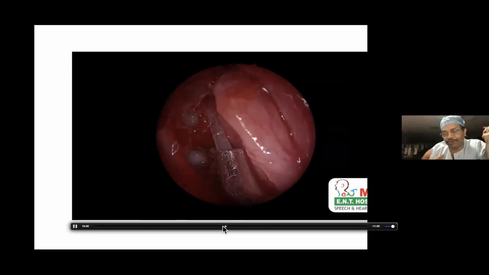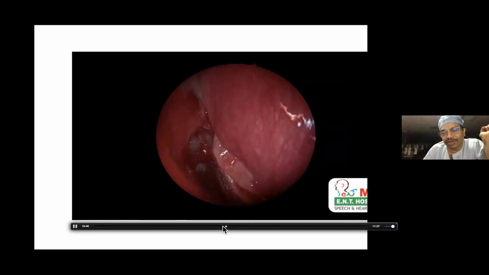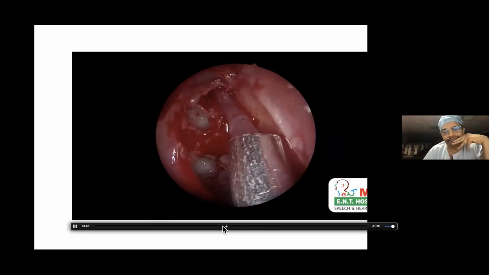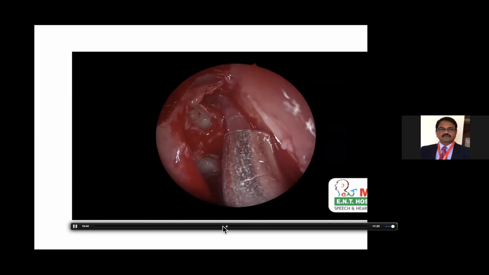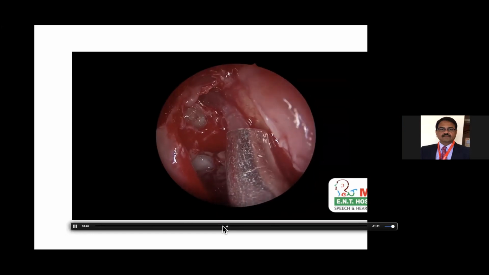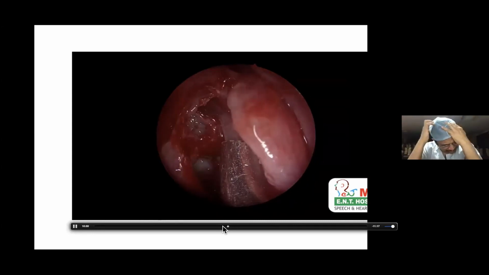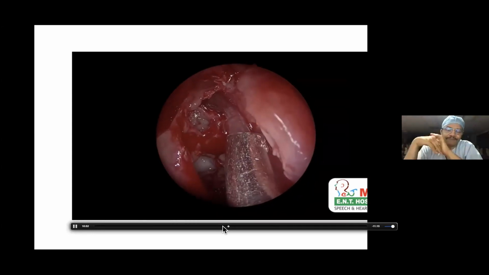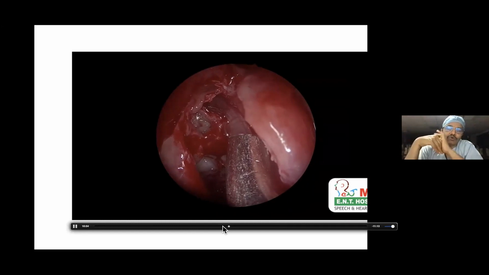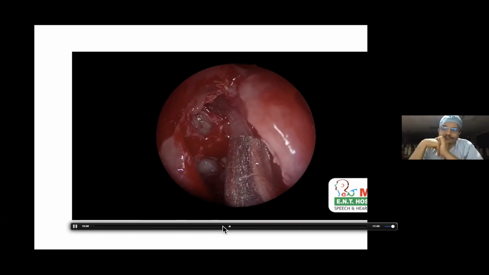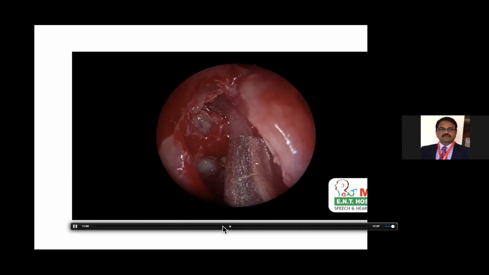So a balloon gives me the space to work and preserve the mucosa. It is a guide as well as a means, and the most important thing is that the balloon is the most mucosa-preserving instrument.